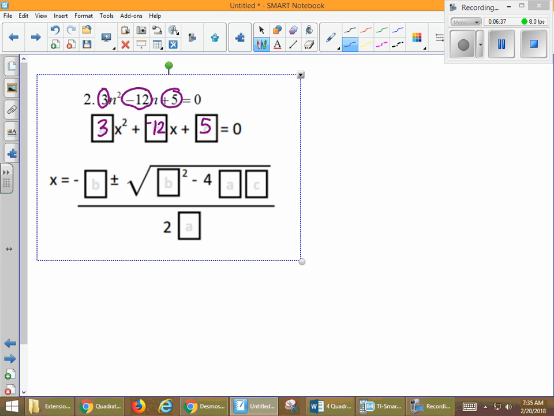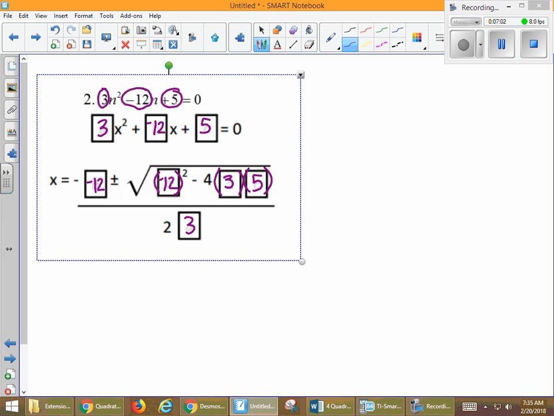So I'm going to put negative 12 in my box for B for both of these, and use some parentheses there. A is 3, so I'm going to put that in both my A boxes. And 5 is C. And remember, over here with the 3, 4, 3, 5, that's all multiplication.